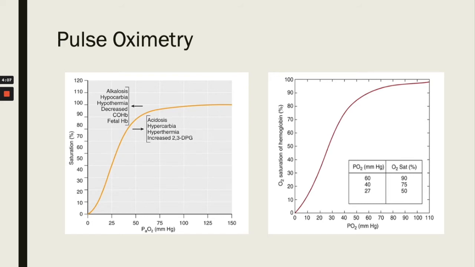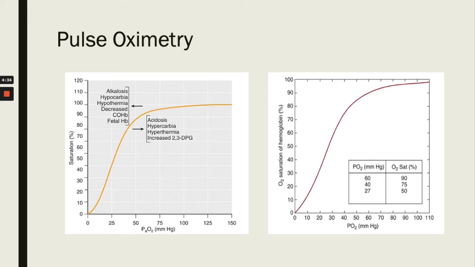SaO2 and hemoglobin are major determinants of the O2 content in blood, and consequently the O2 delivery in the tissues. So when we have a right shift, it's releasing or unloading oxygen from hemoglobin, and we have a decreased affinity. Those conditions are acidosis, hypercarbia, hyperthermia, or an increased 2,3-DPG.